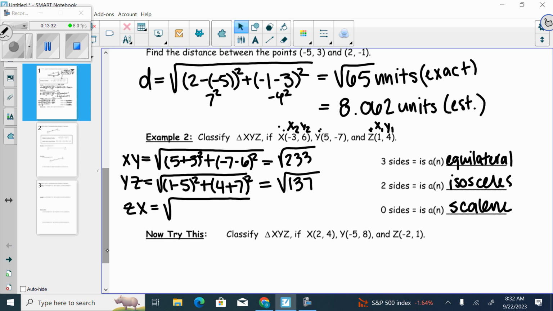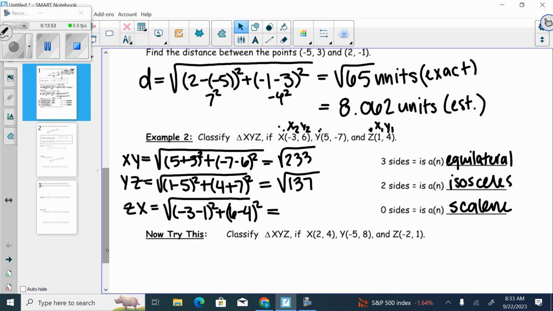Very good. And what would my y2 minus y1 be? 6 minus 4. Good. And then I just need to go back and simplify.